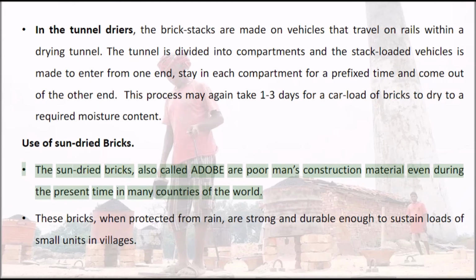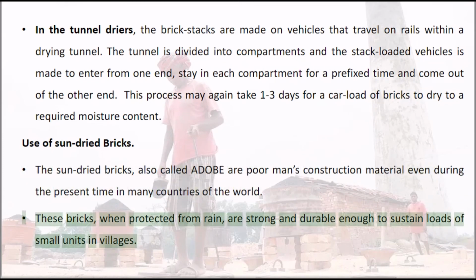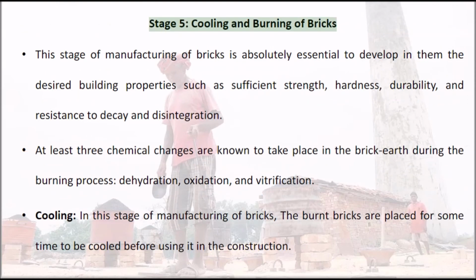Stage 5: Cooling and burning of bricks. This stage of manufacturing of bricks is absolutely essential to develop in them the desired building properties such as sufficient strength, hardness, durability, and resistance to decay and disintegration.